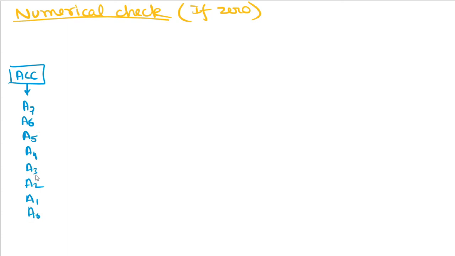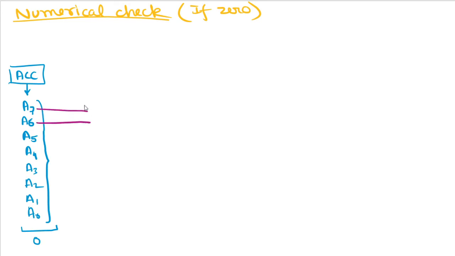These are the 8 bits inside the accumulator. Now in order for this value to be 0, all these bits should be 0, right? A0 should be 0, 1, 2, 3, 4, and so on up to A7. So let's see how we can check if all the values are 0.